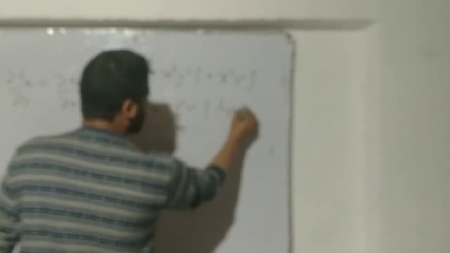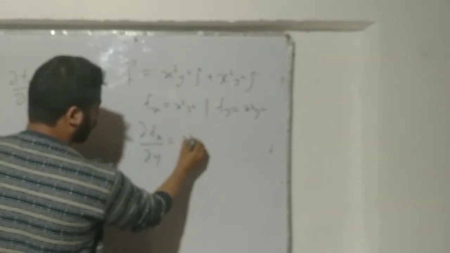I should figure out whether the given force equation is conservative or not. For that I must look for the condition partial f x by partial y should be partial f y by partial x. I don't need to look for another condition, because my force equation only involves two components. My f x is x square y square, and my f y is again x square y square.